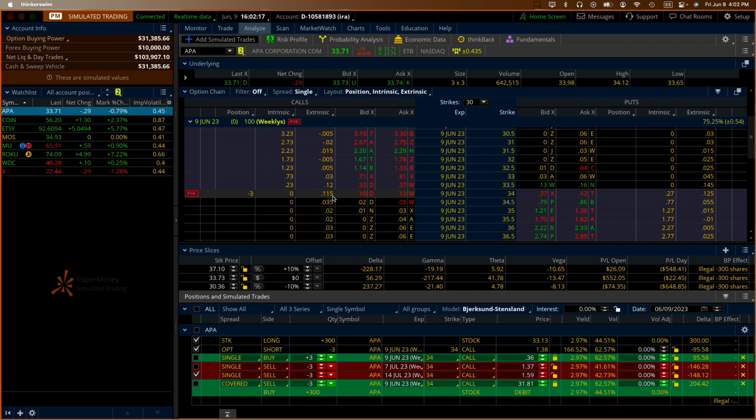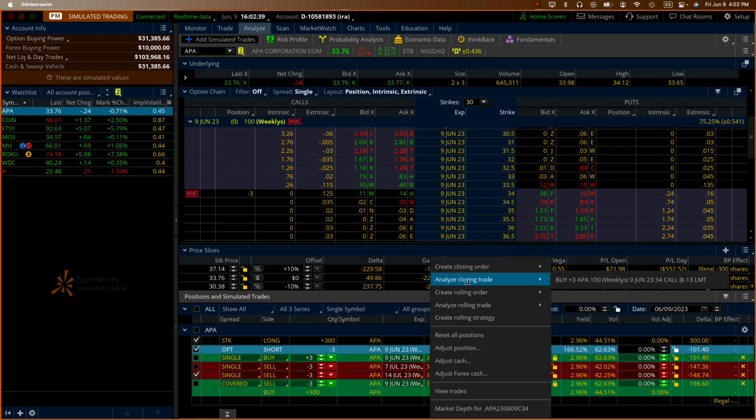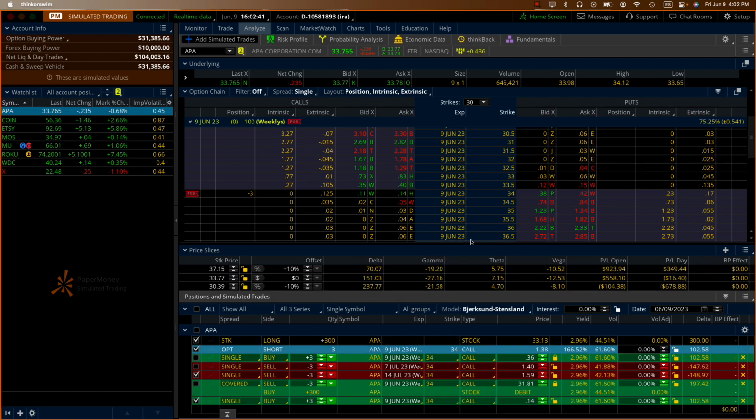It should be 0, okay? By the time the day is up, it will be 0. So how much is that? Well, 0.115 times 100 is $11.50, times 3 is a certain amount of money. If you want to close it, analyze closing, it will be 13 cents to pay for it.